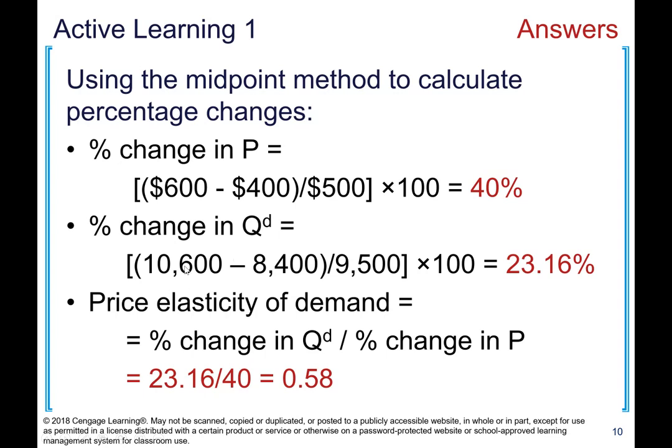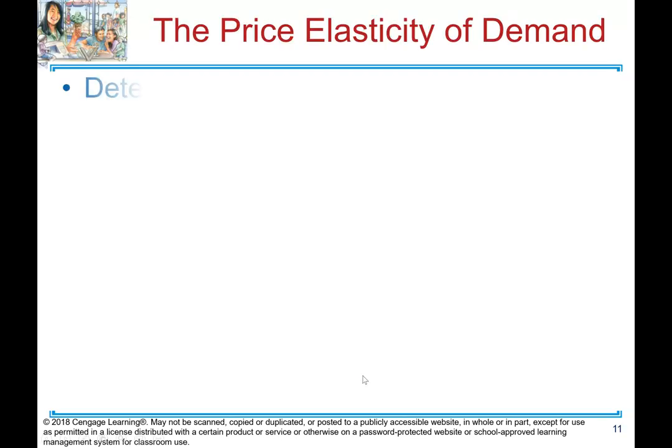Percentage change in quantity is 10,600 minus 8,400, divided by the average of the two, which is 9,200. You multiply that by 100, and the percentage change is 23.16%. Price elasticity of demand is equal to the percentage change in quantity demanded divided by the percentage change in price, which is 23.16% divided by 40, and so the price elasticity of demand is 0.58.